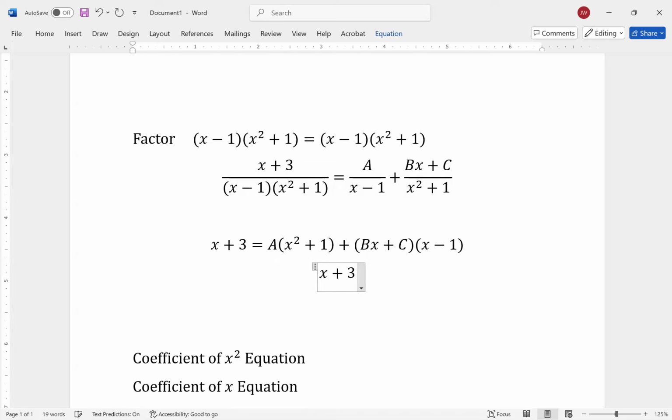The left-hand side numerator becomes x plus 3. That's what it always was.